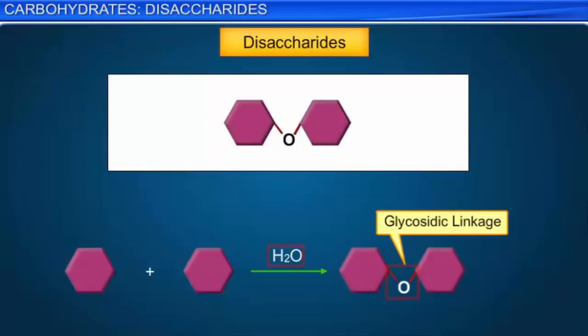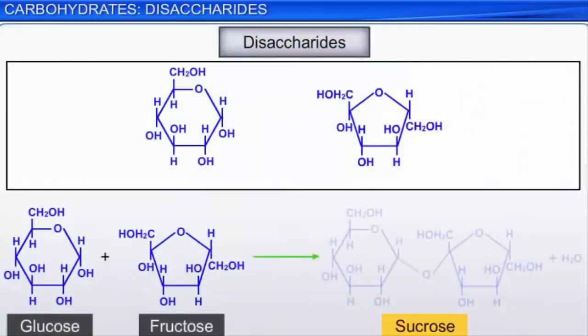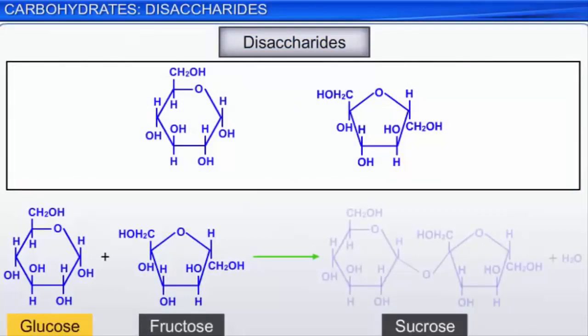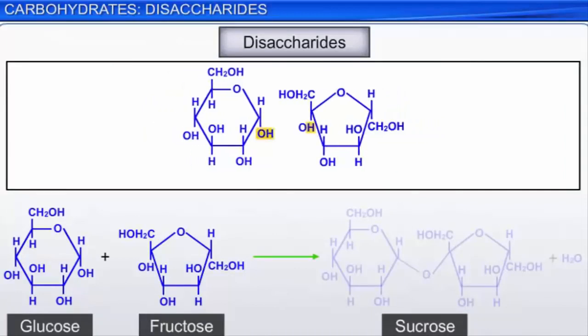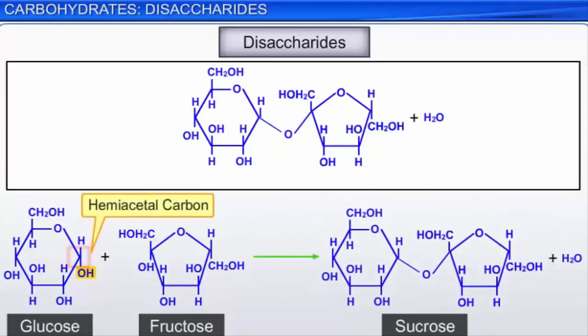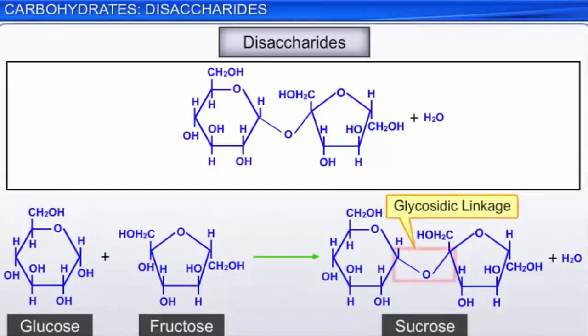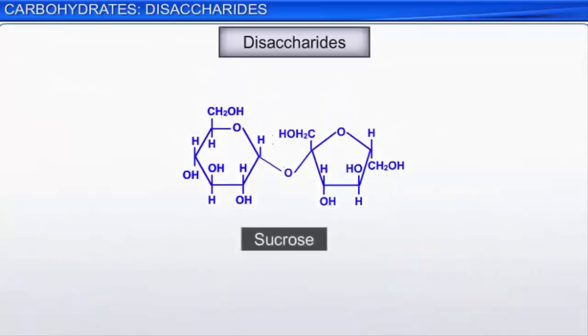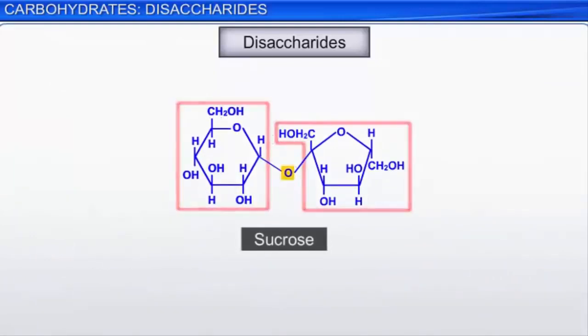For example, sucrose, with 2 monosaccharides, glucose and fructose, joined together by an oxide linkage, is shown in the structure here. Such a linkage, formed when the hydroxyl group of the hemiacetal carbon of one monosaccharide condenses with the hydroxyl group of another monosaccharide, is called glycosidic linkage. In other words, a linkage between 2 monosaccharide units through an oxygen atom is called glycosidic linkage.